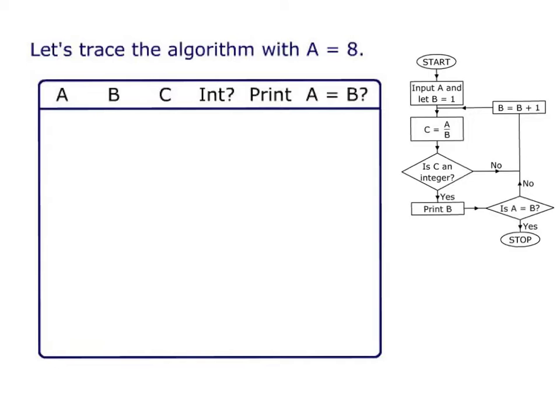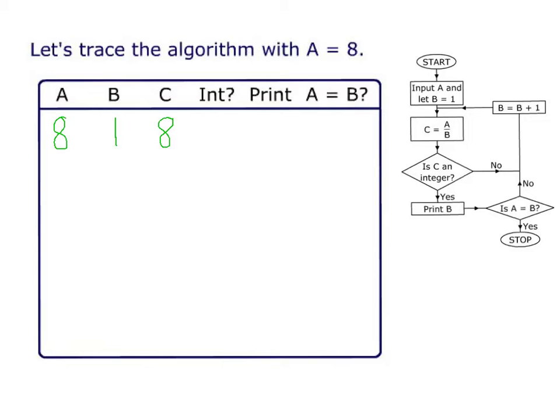So, if we begin with a value of a equals 8, we have inputted a and we're going to let b equal 1. Following our arrowed lines, the next instruction tells us that c is a divided by b. So a divided by b is 8.